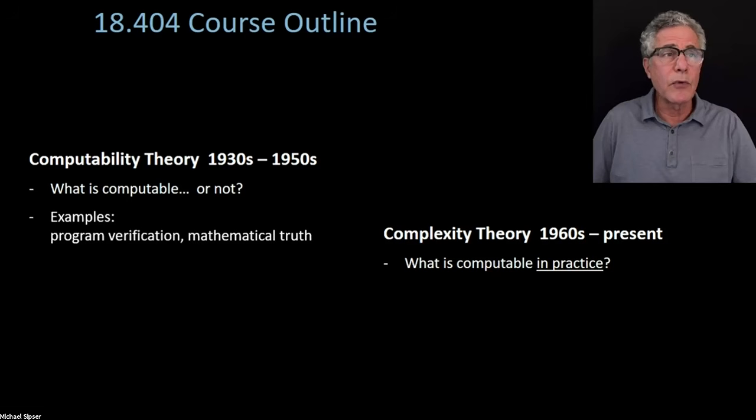Just to say a little bit more about what we're going to talk about there, when you're interested to know what kinds of problems you can solve with an algorithm, there are problems that you might want to solve that you just can't solve. For example, if you're given a specification for a computer problem you want to solve, say a sorting algorithm, and you want to write down that specification and have an automatic verifier that's going to check whether a program meets the specification, well, that's just in principle impossible.